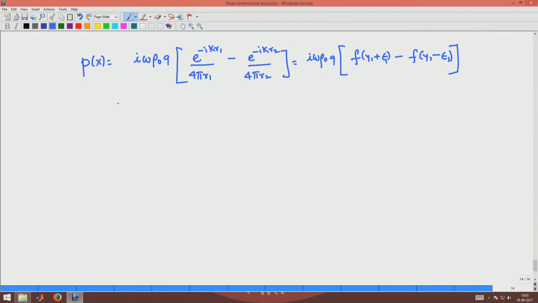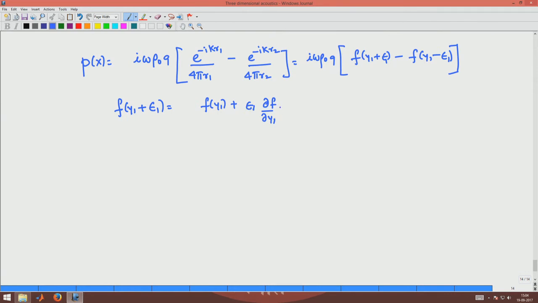Now, we will recall our good old theorem of calculus, which is the Taylor's theorem. f of y 1 plus epsilon 1 is basically given by f of y 1 plus del f del y 1 into epsilon 1.